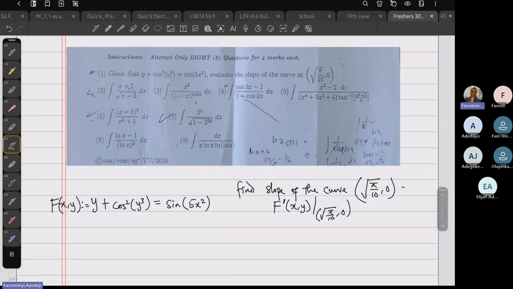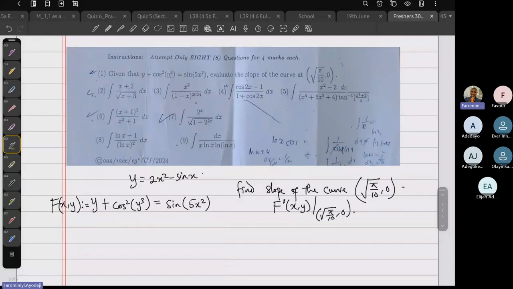So we need to take the derivative of this function. And this function is defined implicitly. So what do we mean by implicitly or explicitly? When I write y equals 2x squared minus sine x, this is a function that is defined explicitly in terms of x.